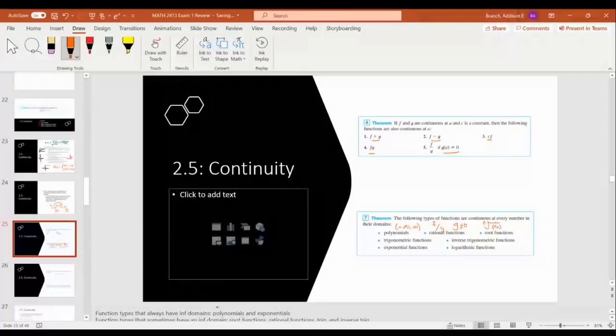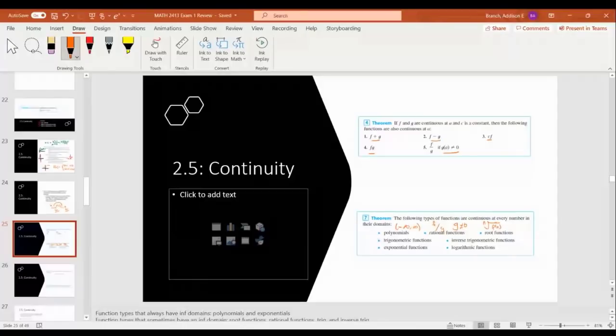Trig functions, those depend. Sine and cosine are going to be continuous everywhere, but the rest of your main ones will have discontinuities. Inverse trig is another one where you'll have to check and see. Some of them may be continuous everywhere, and some of them may have discontinuities. It just depends on which ones. Exponentials are typically continuous everywhere, and logarithmics are continuous on their domain.